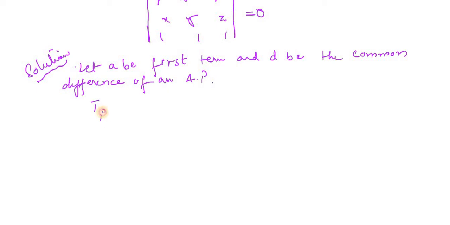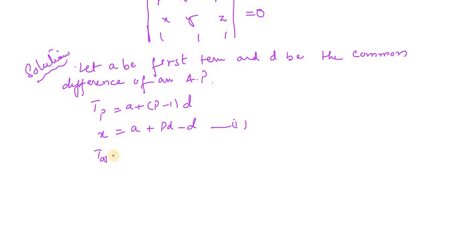Because in this question x, y and z are the pth, qth and rth terms of an arithmetic progression, so x is the pth term, y is the qth term and z is the rth term. So pth term is a plus p minus 1 of d. We get this from the nth term formula Tn is equal to a plus n minus 1 of d. So the pth term is x, so x is a plus p into d minus d. This we say equation number 1.